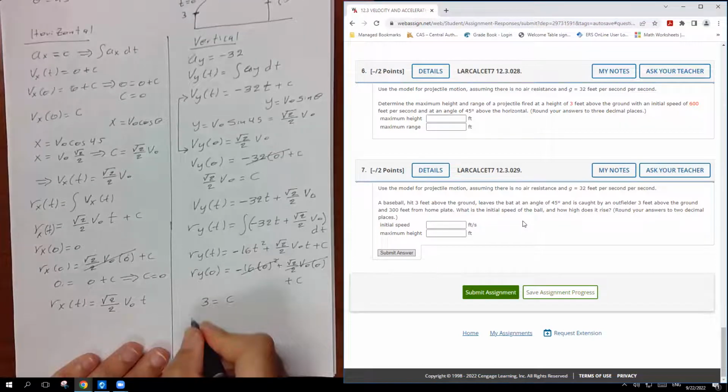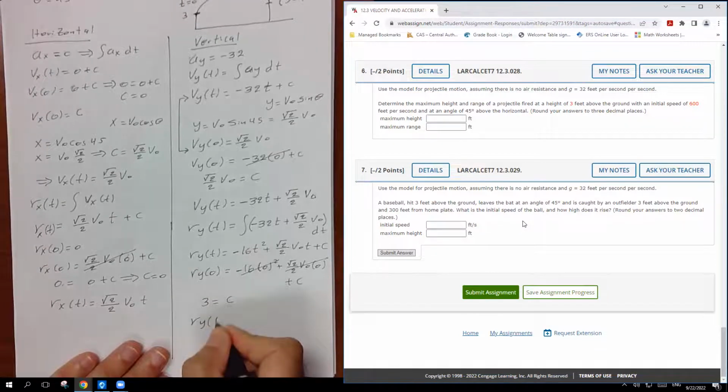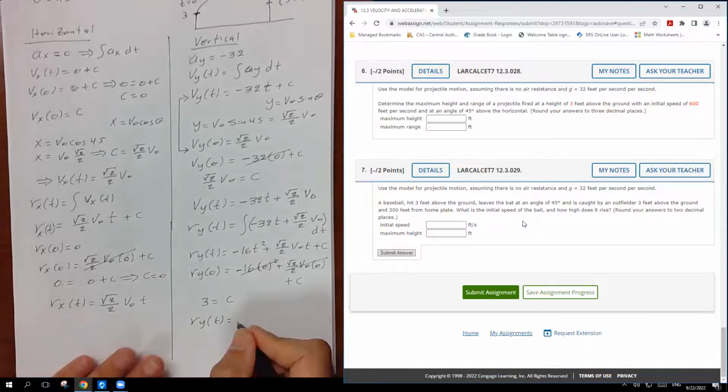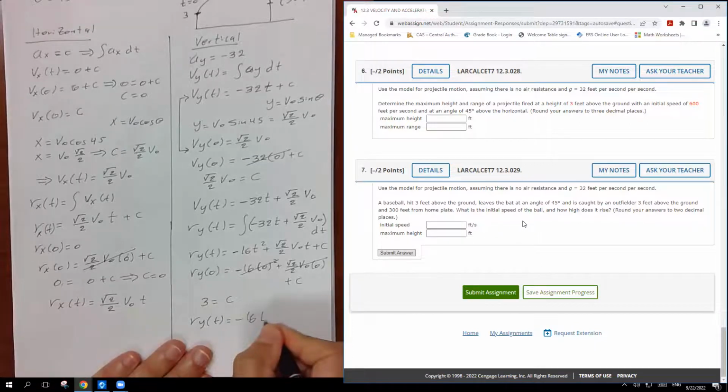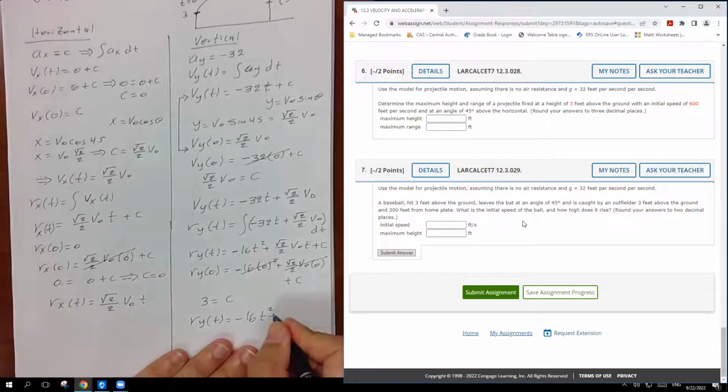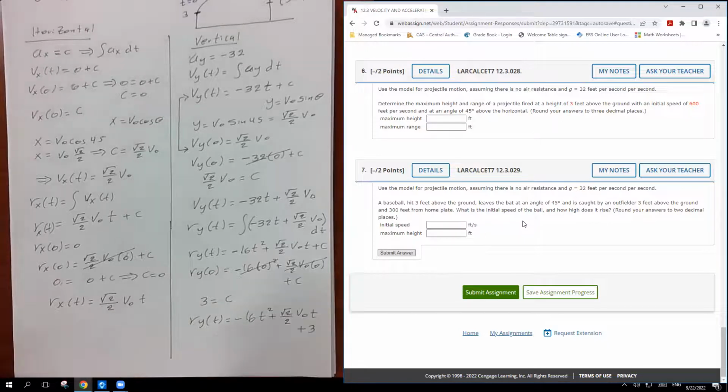So r sub y of t is going to be equal to negative 16t squared plus square root of 2 divided by 2 v naught t plus 3. We have exactly the same thing, 3 feet above from both sides. So this is the first part.